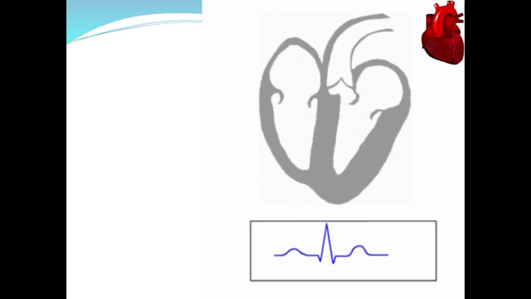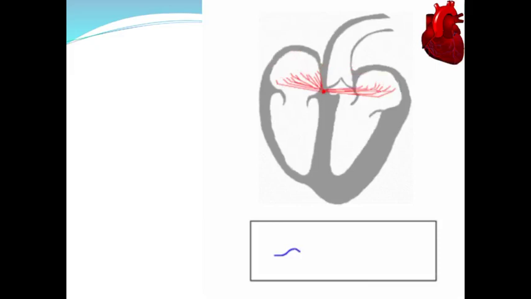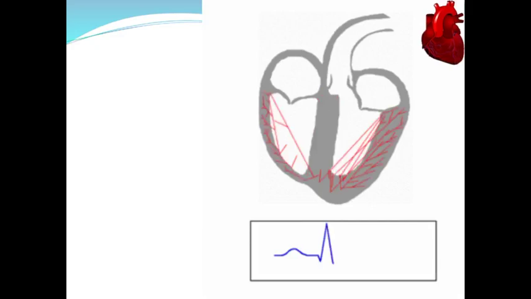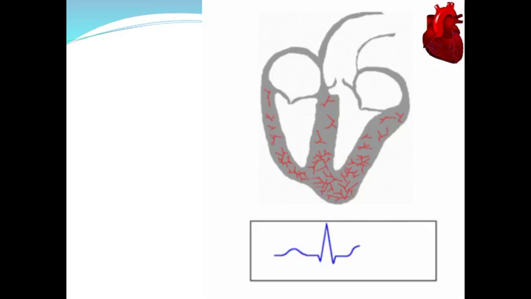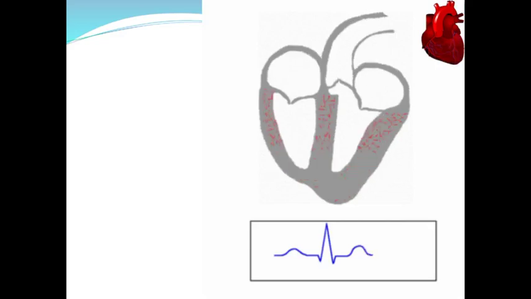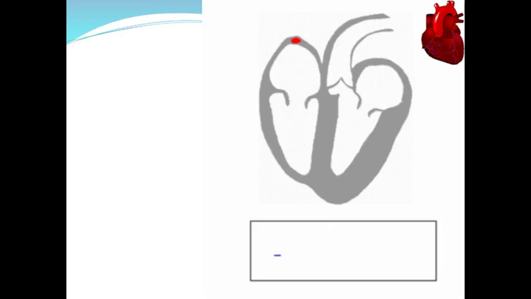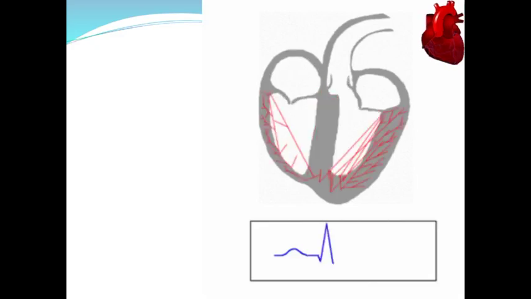The hallmark of the ECG is the waves. We have the P wave, the QRS complex, that's Q, R and S wave, the T wave, and then we have the U wave. These are the waves of the ECG, and we will talk about them in detail.